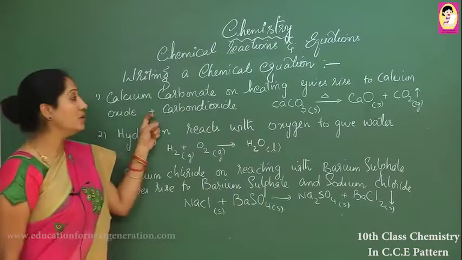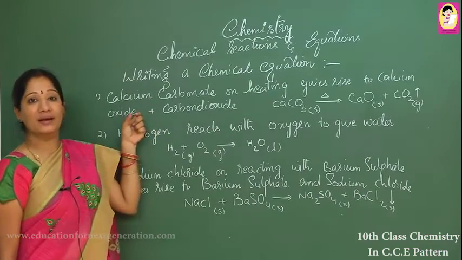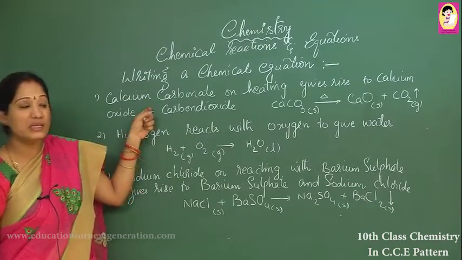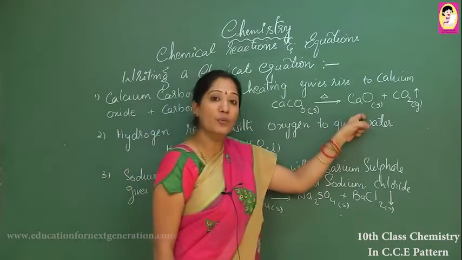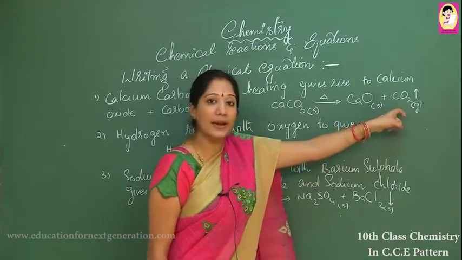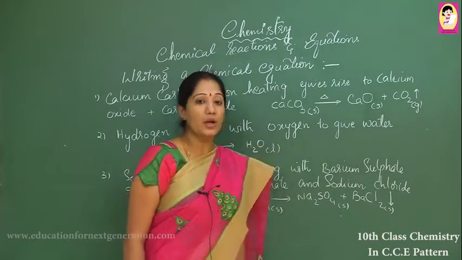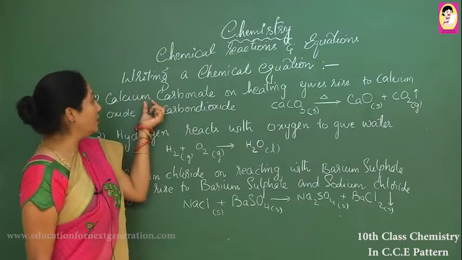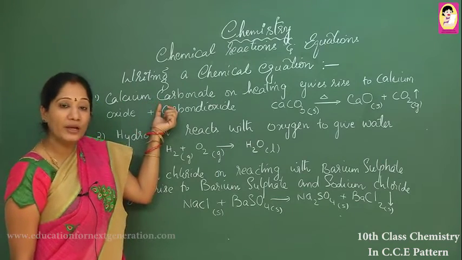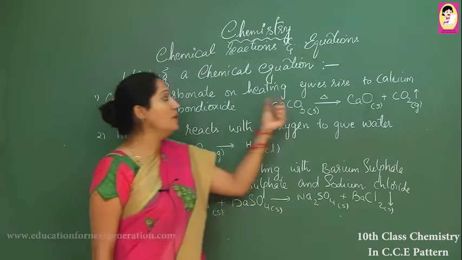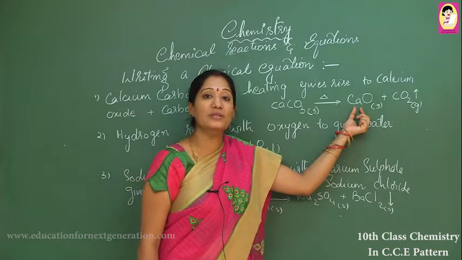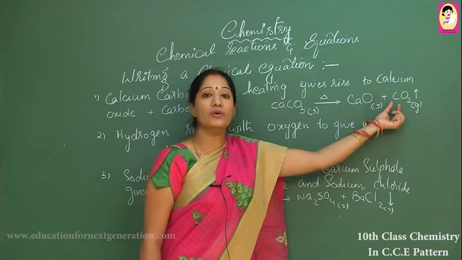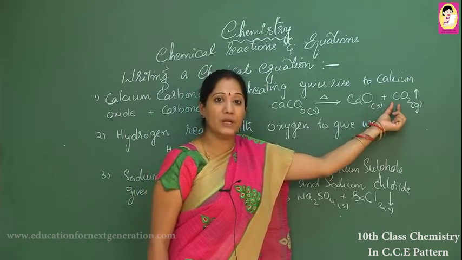From this you are just getting the information that a reaction takes place when calcium carbonate is heated, giving rise to new products, calcium oxide and carbon dioxide. But you are unable to determine how many moles, atoms or molecules of calcium oxide or carbon dioxide are obtained.